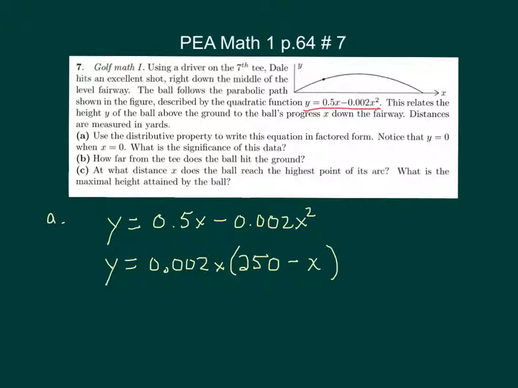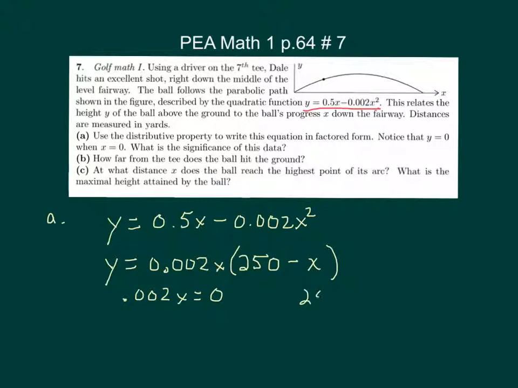Okay, and it says, what's the significance of this data? Well, if we look back at our parabola right here, these two factors give us our x-intercepts here and here. And we just did a problem like that before, but we get 0.002x equals 0. That'll give us an x-intercept.